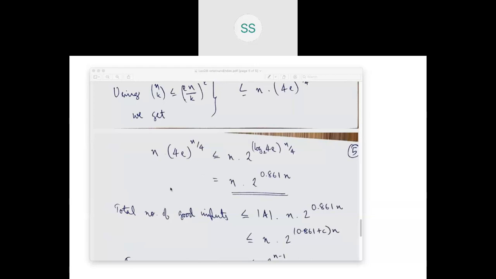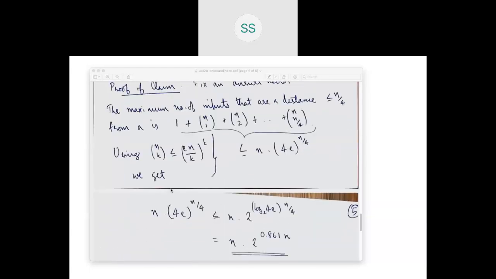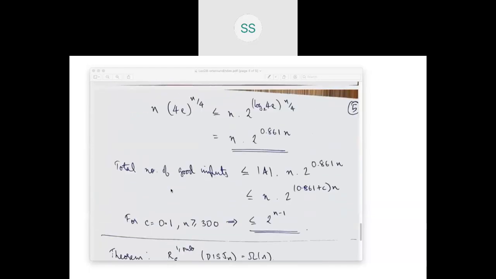The point is that even with these n/4 radius Hamming balls, you can only cover at most half the inputs. That's what we just showed. So there are at least half the inputs which are rendered bad because they are not covered by any of them. That's the gist of the proof of the claim.